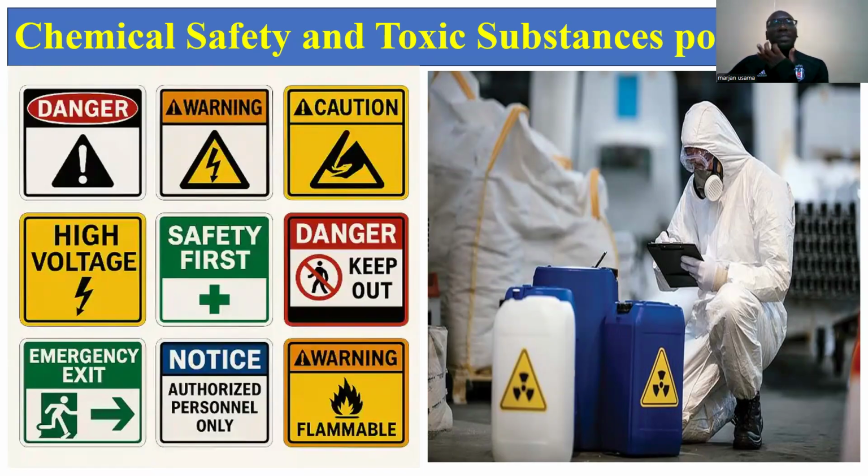It is very important for people working in areas where they can be exposed to chemicals to always wear the PPE. The personal protective equipment, or gear, is very important so that you don't get exposed to toxins and chemicals that can affect your health.